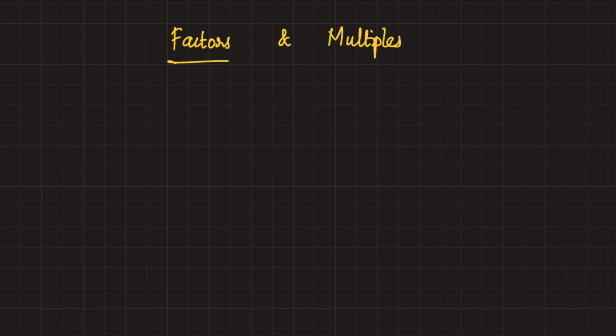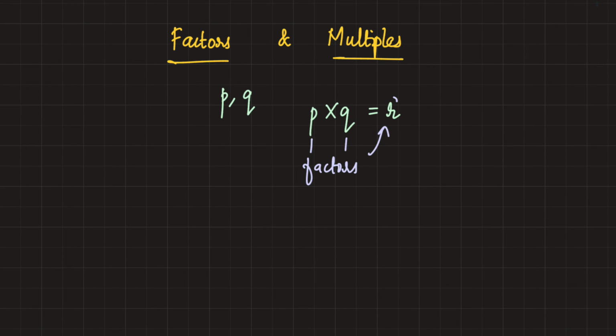Learn about factors and multiples. Say we have two natural numbers p and q. Say the product of p and q equals r. In this case, p and q are referred to as the factors of r, and r is called the multiple of p and q.